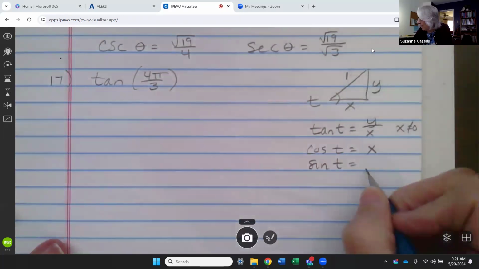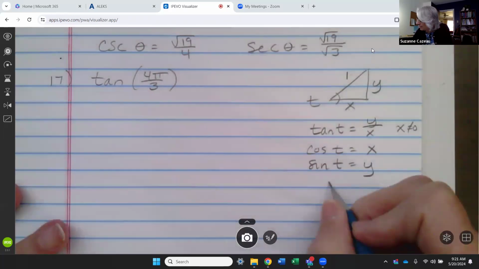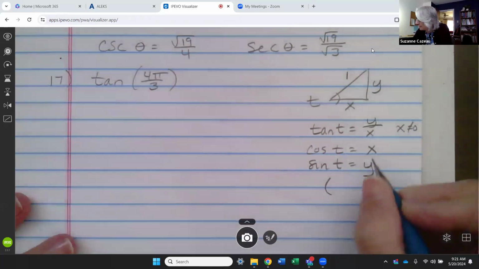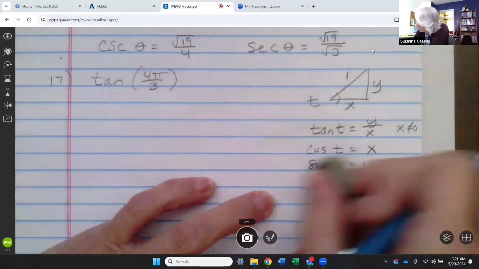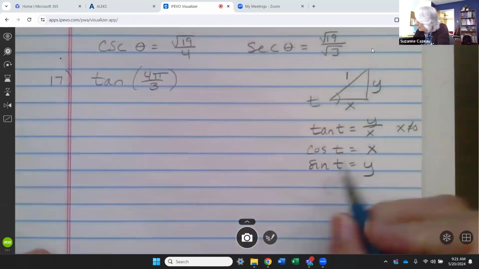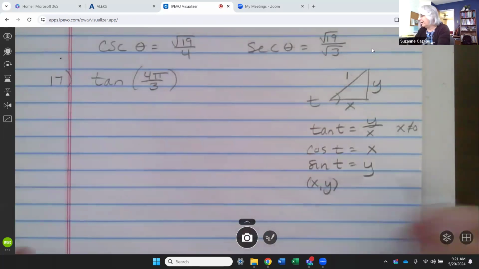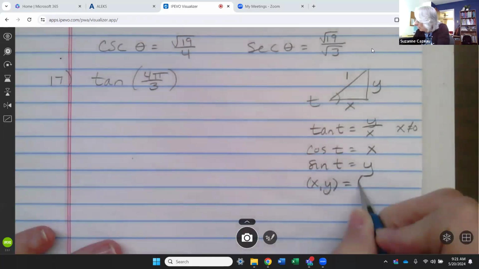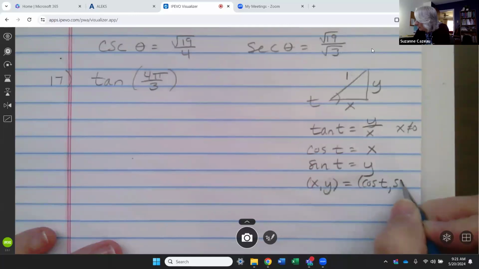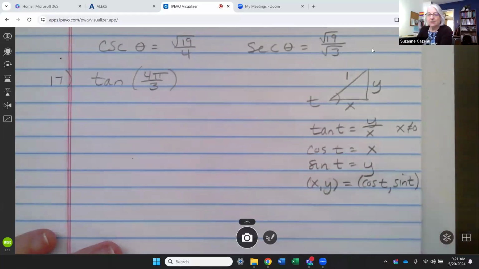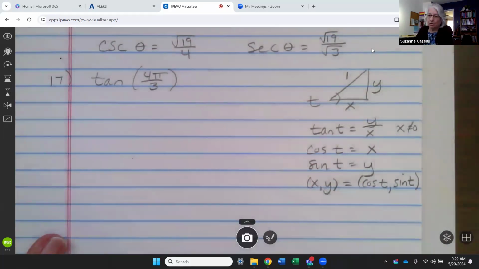So that's just Y, okay? So that means the ordered pair XY is going to be cosine of T, sine T. See, so all you need is the cosine and the sine, and you got your ordered pair. You just need to know what the triangle is that you're working off of.